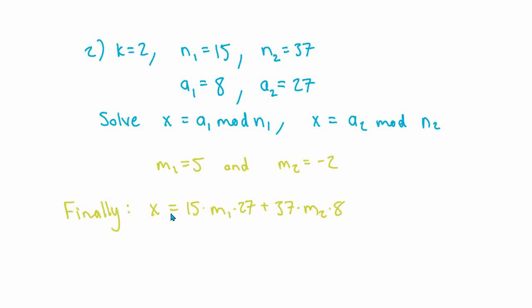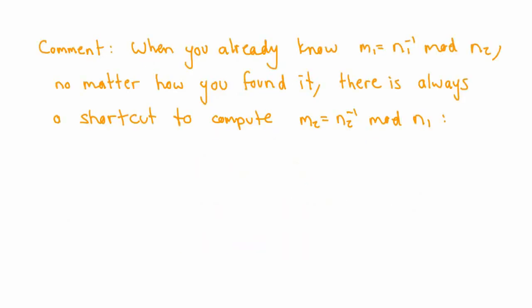Now, this integer x turns out to be bigger than the product of n1 and n2, and although that's not really a problem, if I were trying to find the smallest positive integer x which is a solution to the system of equations, then taking into account the fact that I can pick any other residue class for this integer modulo n1 times n2, I find that the smallest positive integer which is a solution to the system of equations is 323.